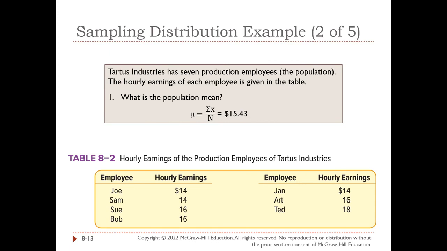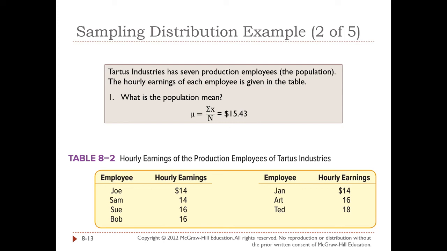So first off, what is the population mean? What is mu? Well, the sum of all the hourly earnings divided by the number. So 14 plus 14 plus 16 plus 16 plus 14 plus 16 plus 18 divided by our 7 employees comes out to about $15.43.